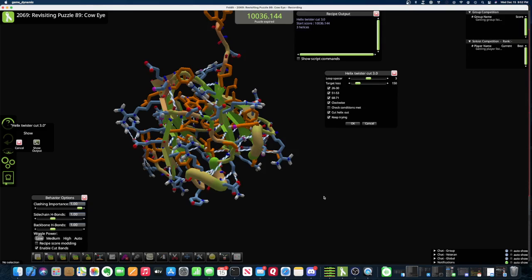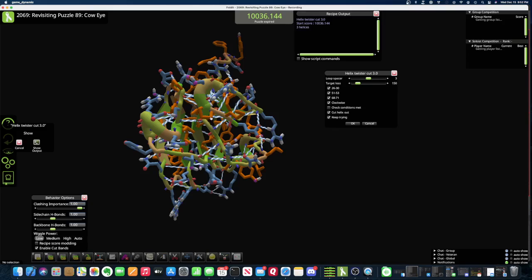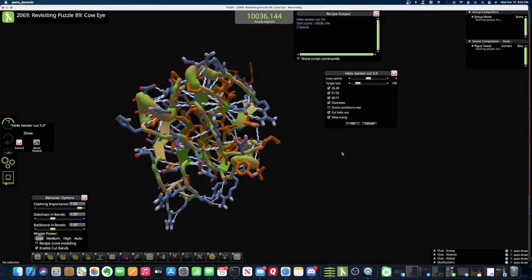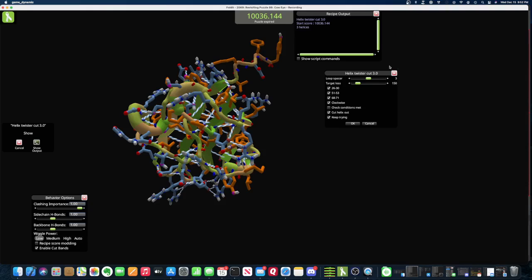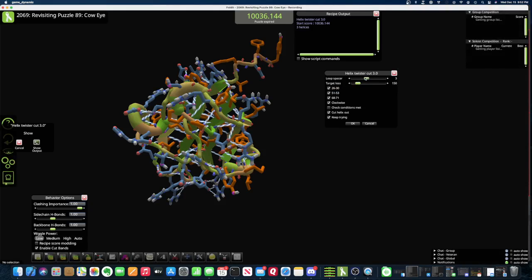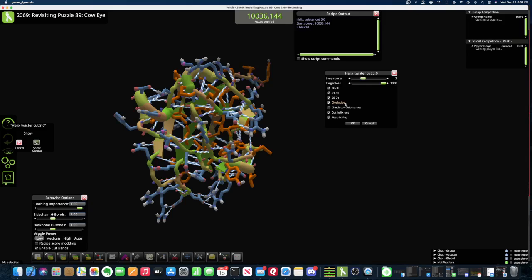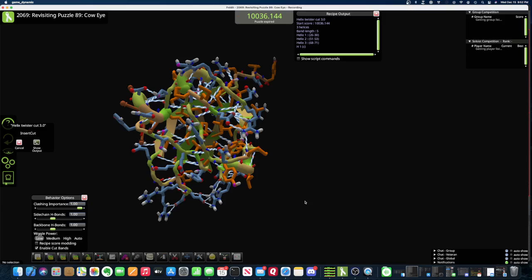Yeah, it's got more than 3. This one has 1, 2. So let's put this guy down to 2. And let's really put the loss up there. You can see it's identified the 3 helices that we've got. We want it to start by twisting them clockwise, and let's go.